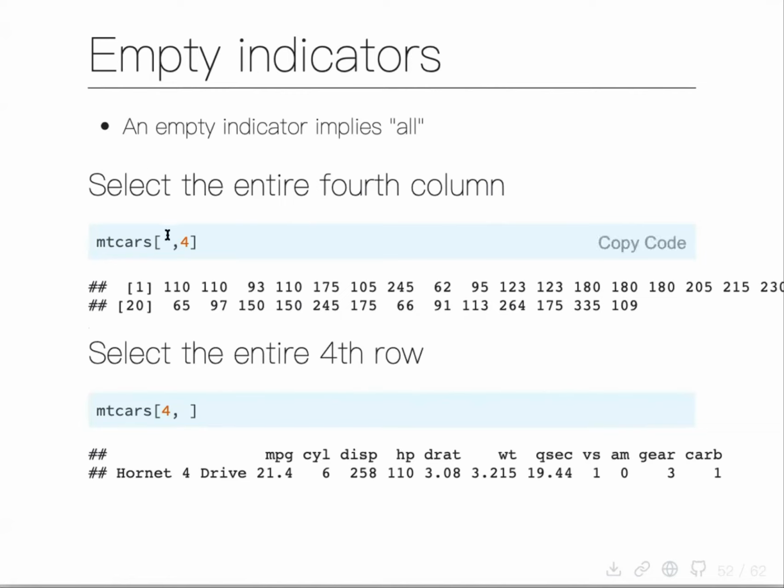What we're getting back here when I use empty 4 is just an atomic vector, okay? So if I'm saying, give me the 4th column of the data frame, you might expect to get a data frame in return that has only the 4th column, but that's not what you get, right? You get an atomic vector. Same thing here. This is just a named atomic vector.